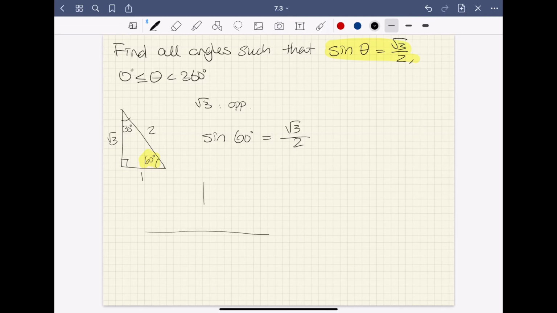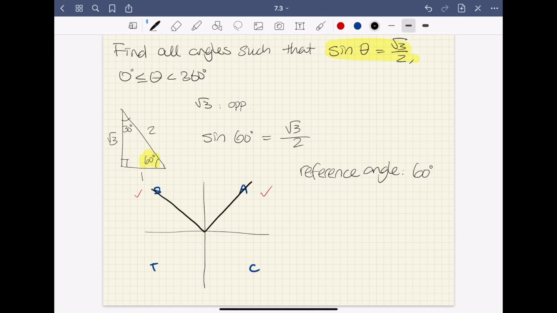In standard position, we know that 60 degrees is our reference angle. And when is sine positive? ASTC. Sine is positive in these two quadrants. So it's either in the first quadrant or in the second quadrant.